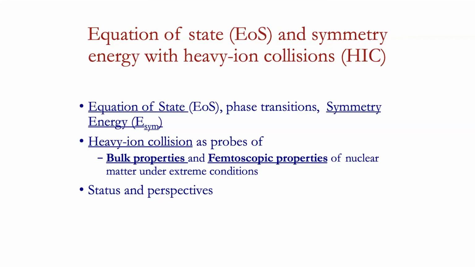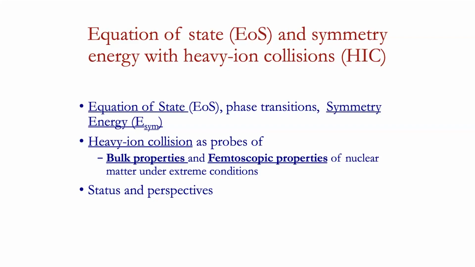So I will introduce a little bit the concept of the equation of state as seen with the eyes of an experimentalist. So sorry if you will find something very trivial or a little bit stupid, but that's a fact. And then I will say a few things about phase transitions because it's important for symmetry energy, and then of course symmetry energy.